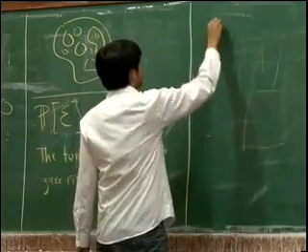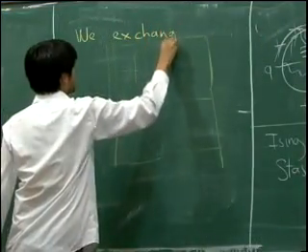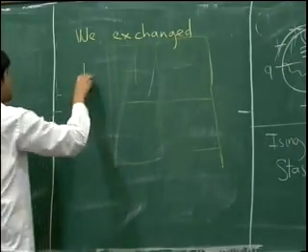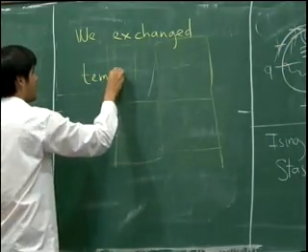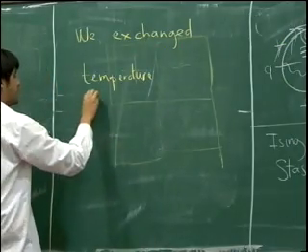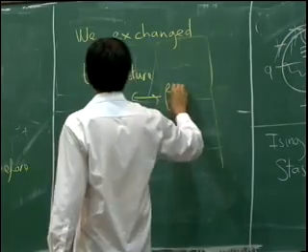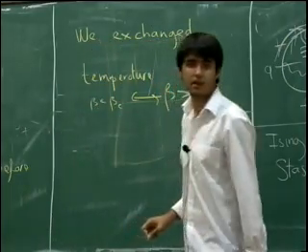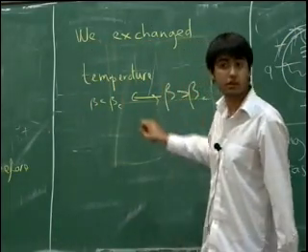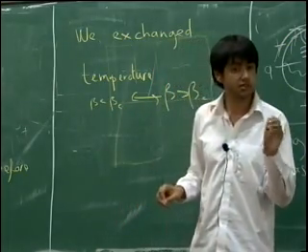We exchanged temperature. Actually, you can check that if beta was smaller than beta critical, you exchanged it with a supercritical beta. So it exchanged low and high temperatures, and so the fixed point is the critical temperature.